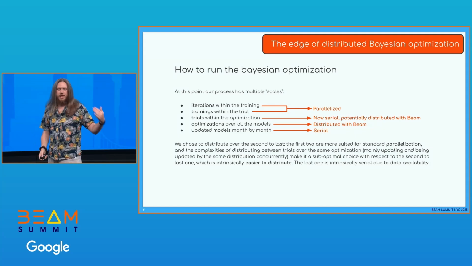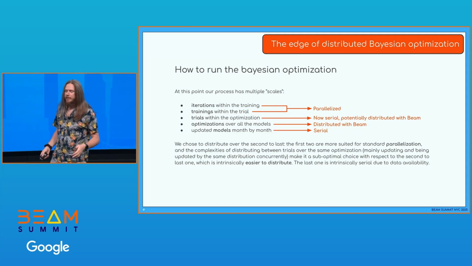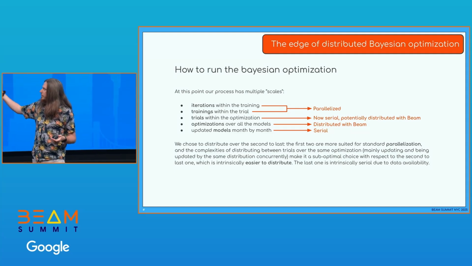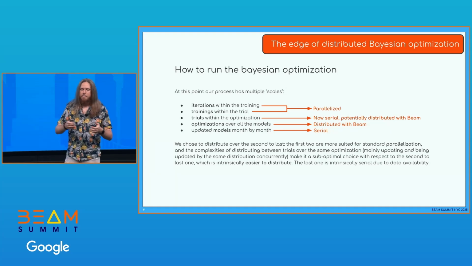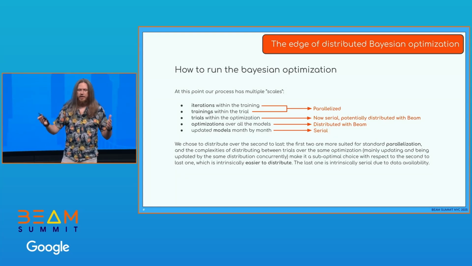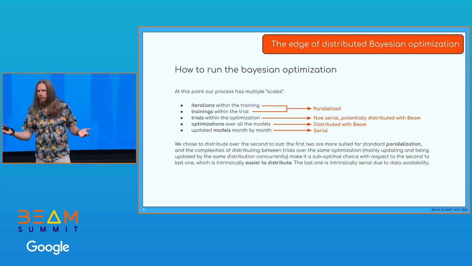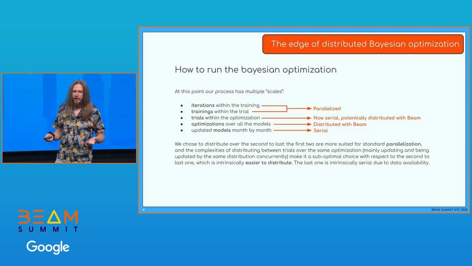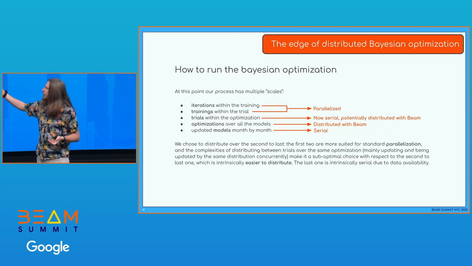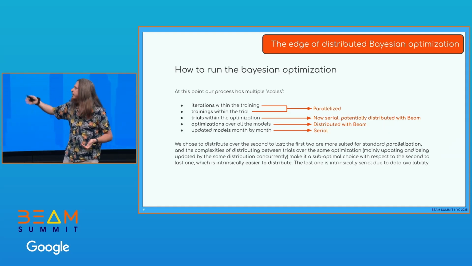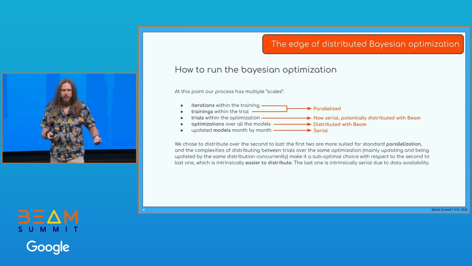We have the optimization over all the models that is distributed with Beam. Basically, the main axis of distribution here is the fact that we have thousands, tens of thousands of models, and we want to do this search in a parallel fashion. And then there is the monthly update of the model that is intrinsically serial because of time.